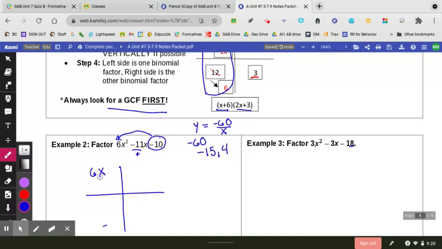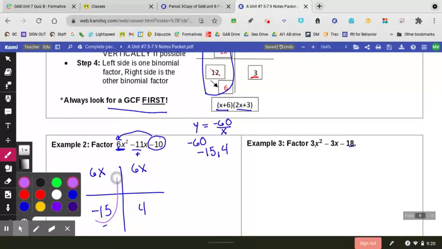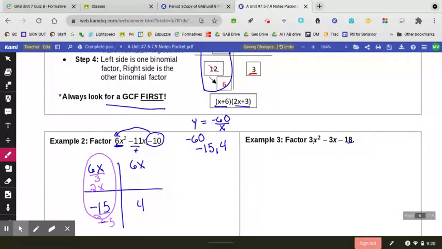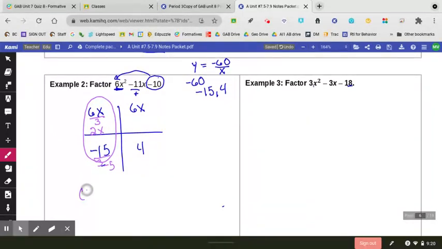I write 6x in both, coming from the 6x squared, and then negative 15 in one and 4 in the other. I then am going to look vertically at 6x and negative 15. There is a GCF there of 3. So I'm going to divide 6x by 3, which gives me 2x, and divide negative 15 by 3, which gives me negative 5. So that gives me the factor 2x minus 5.